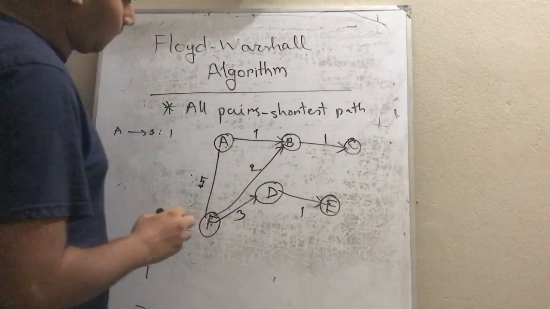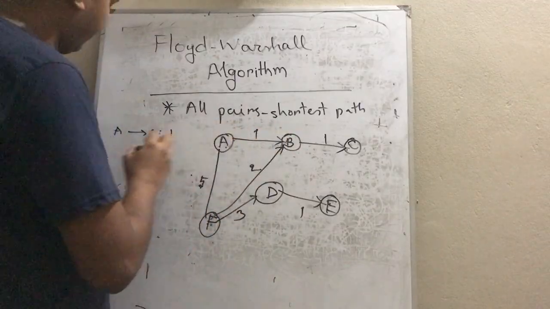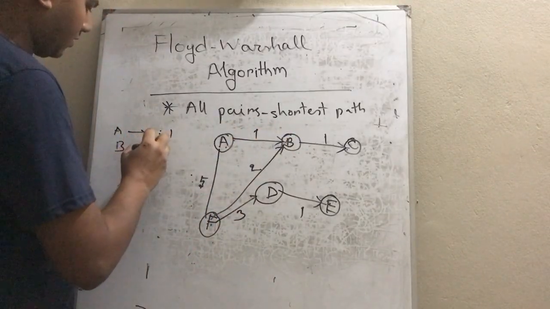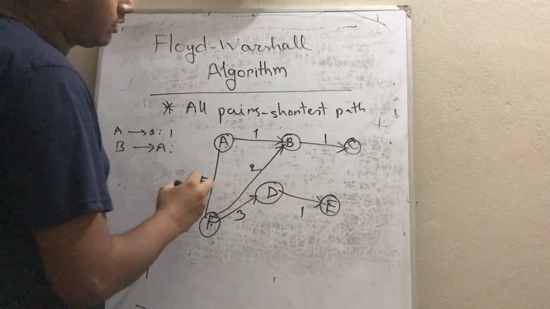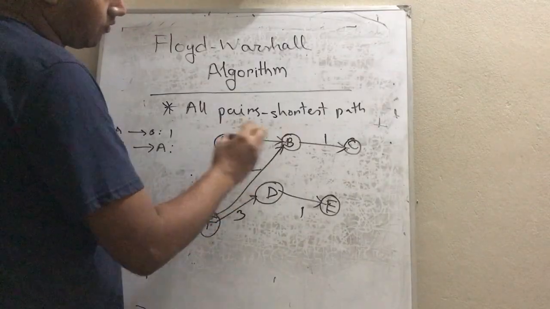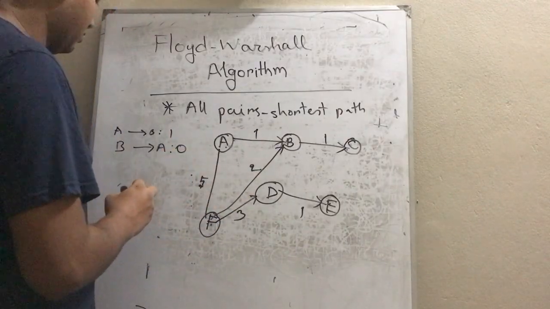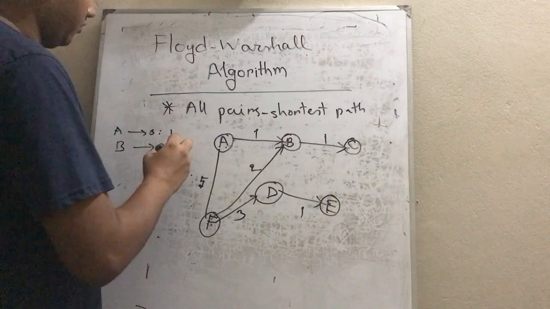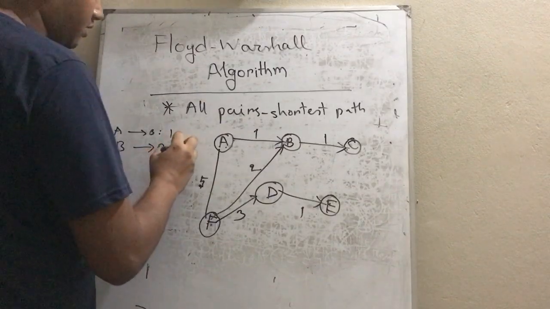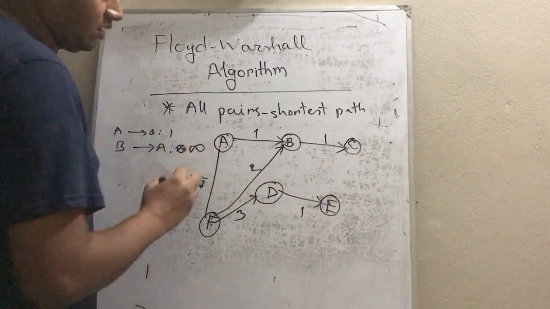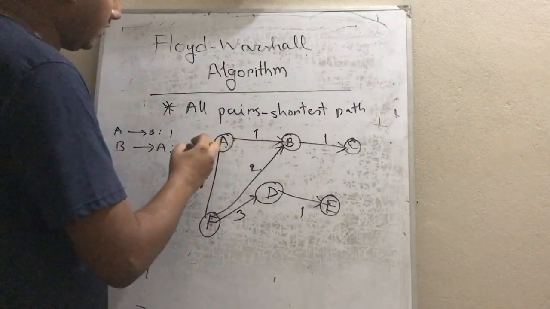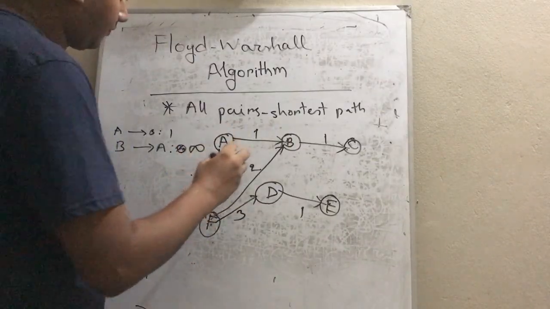Okay. From B to A, what is the least path? There is no path. 0? No, we don't assign 0, we assign infinity, because there is no path, infinite distance.